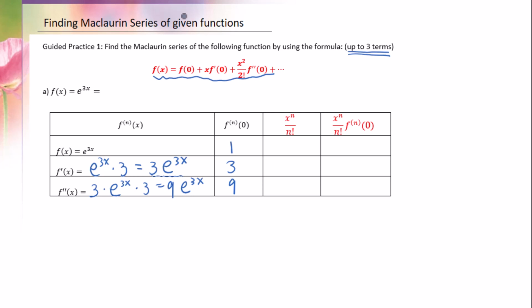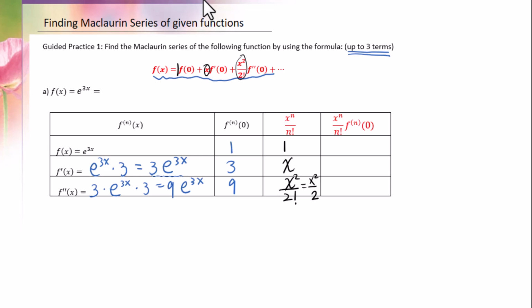We do know x to the nth power over n factorial will be 1, x, x squared over 2 factorial. Next one will be x to the third power over 3 factorial. So 1, x, and x squared over 2.